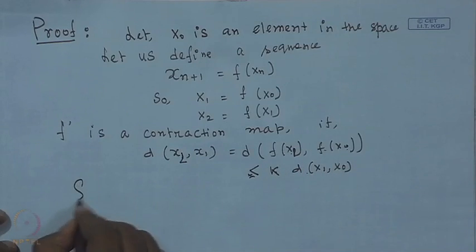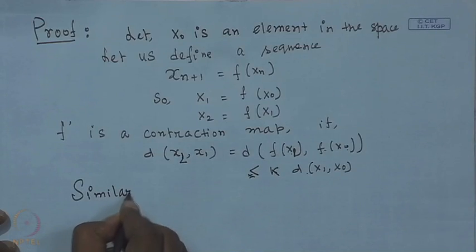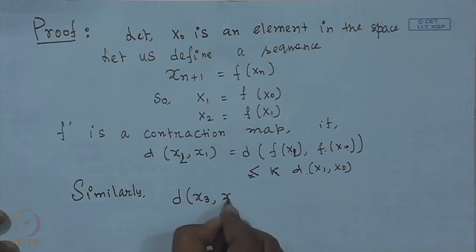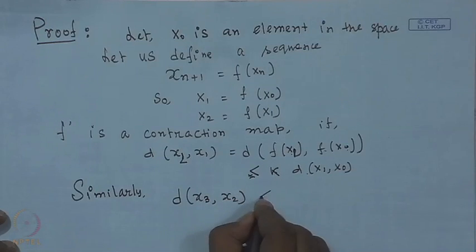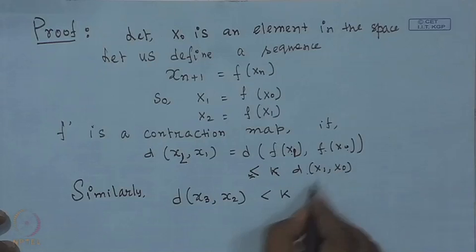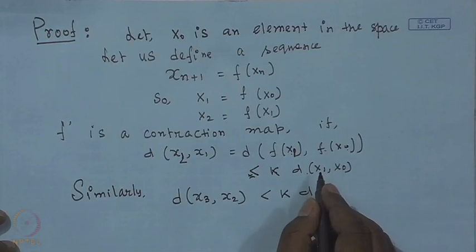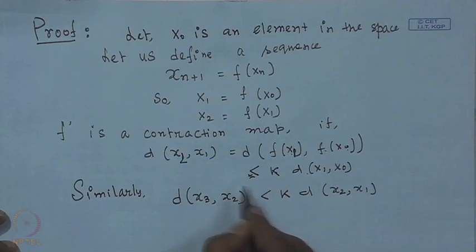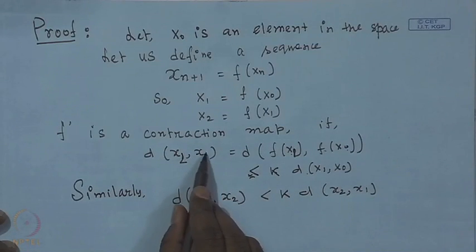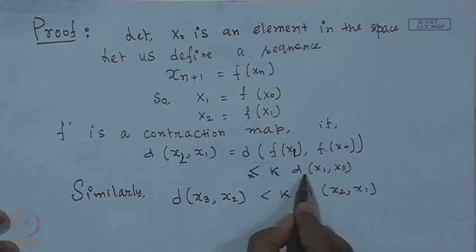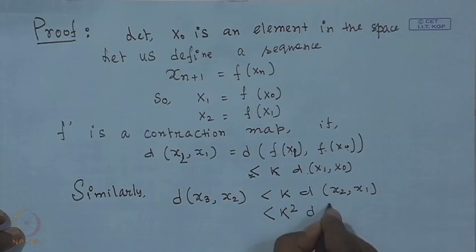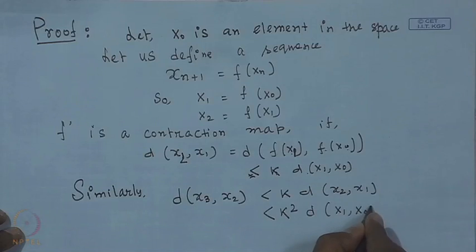Similarly, the metric between x 3 and x 2 should be less than k times the metric between x 2 and x 1, identical logic. So, combining these two, this will be nothing but k square times the metric between x 1 and x 0.